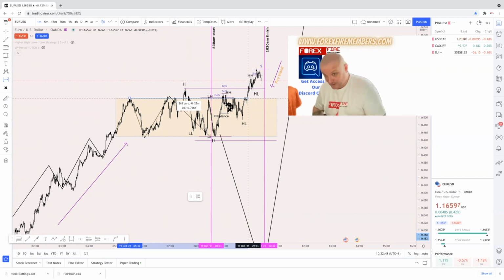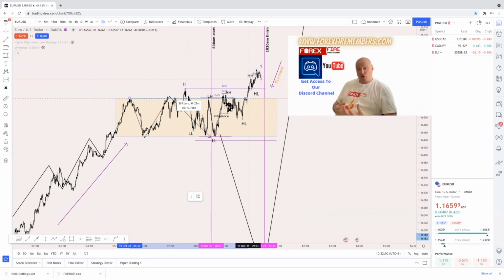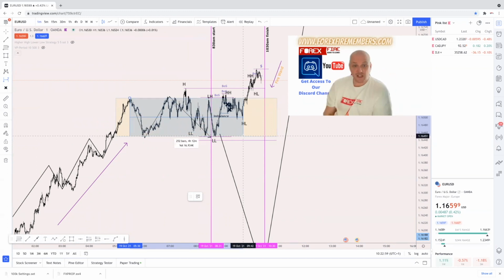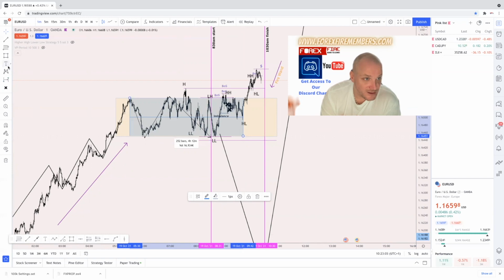Now, let's look at this in context, okay? We're trading the 1 minute chart. From there, you're looking at 4 hours worth of consolidation within that area.